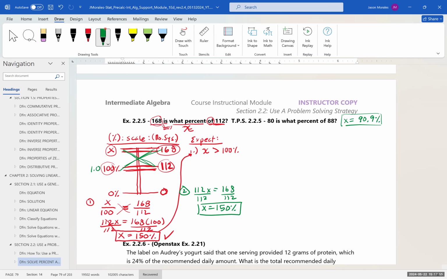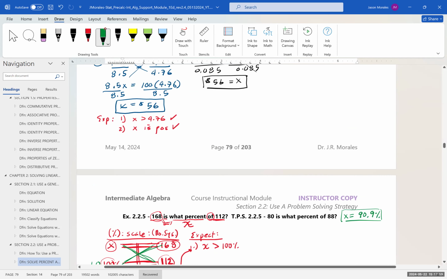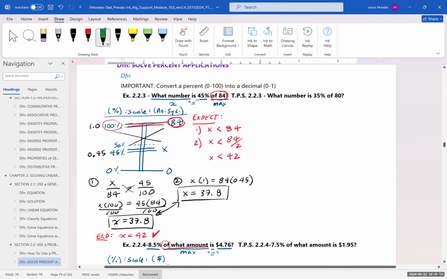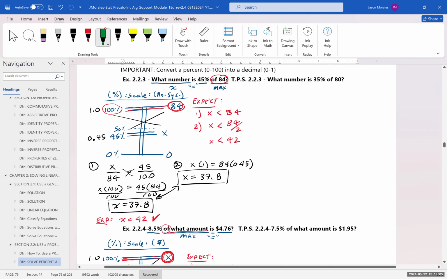So in the next video, I'm going to work out all three think, pair, shares from the last three examples. Let's see here. I lost my previous work, so that's why these answers are missing. So this one was x equals $26.